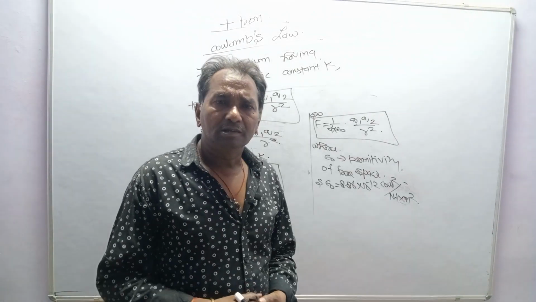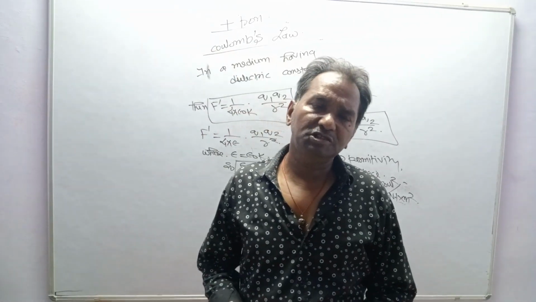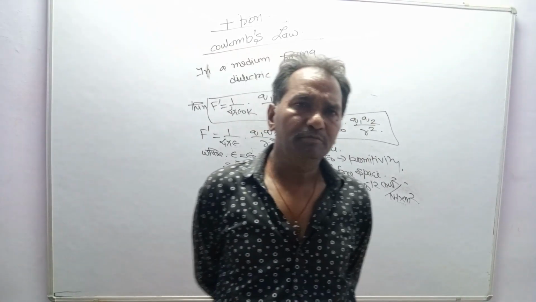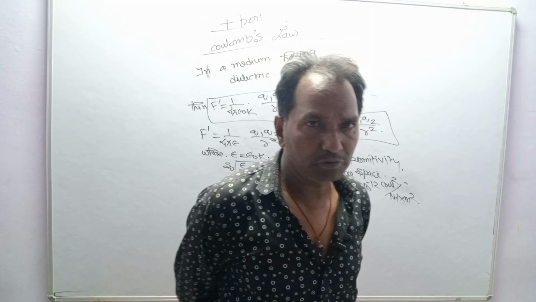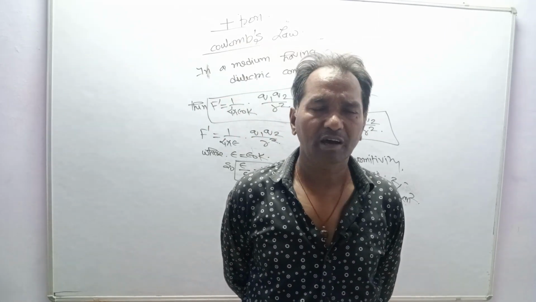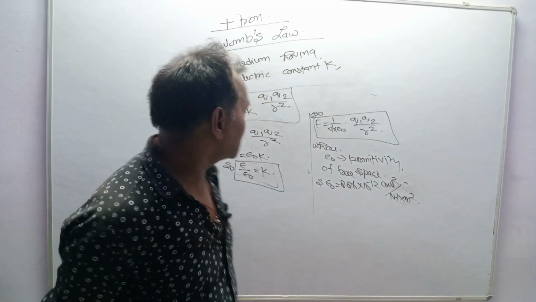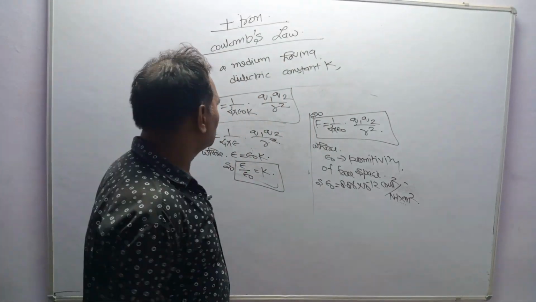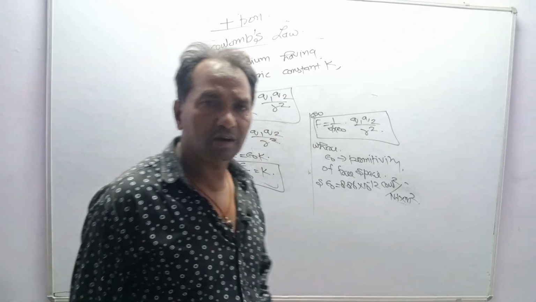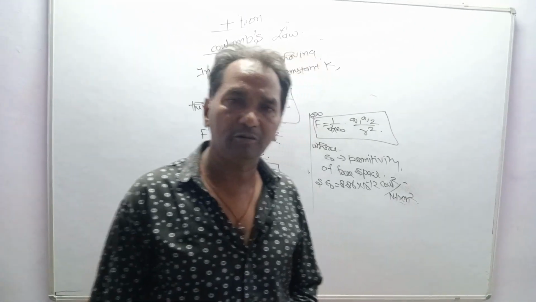What I have said is, let the two charges Q1 and Q2 be kept at a distance small r, then the force acting between them is proportional to the product of the charges and inversely proportional to the square of the distance between them. The force works out to be 1 upon 4 pi epsilon naught K Q1 Q2 over r square, and K is called the dielectric constant.